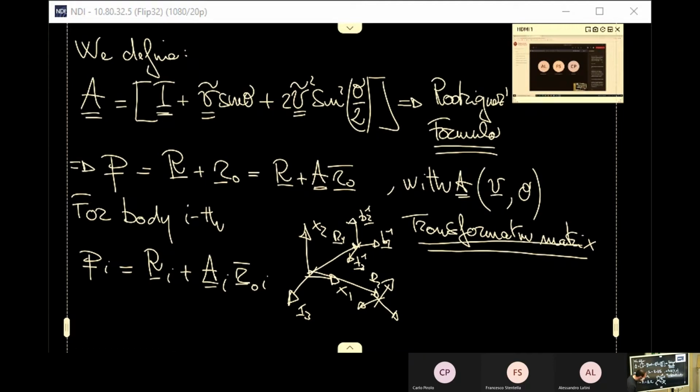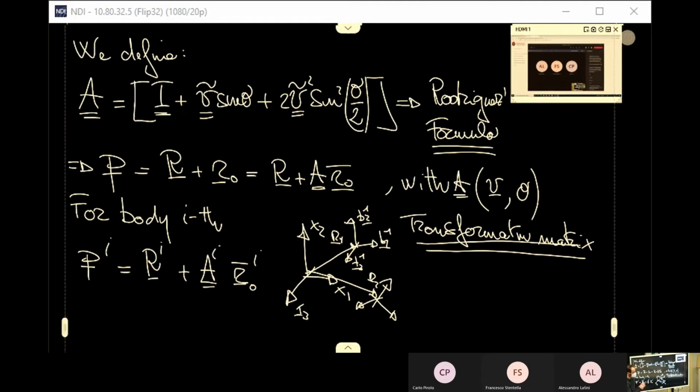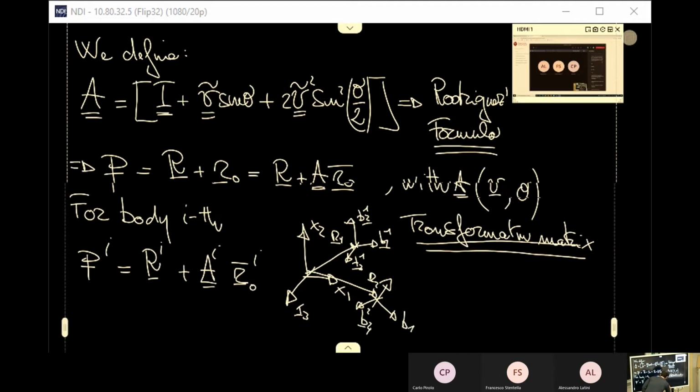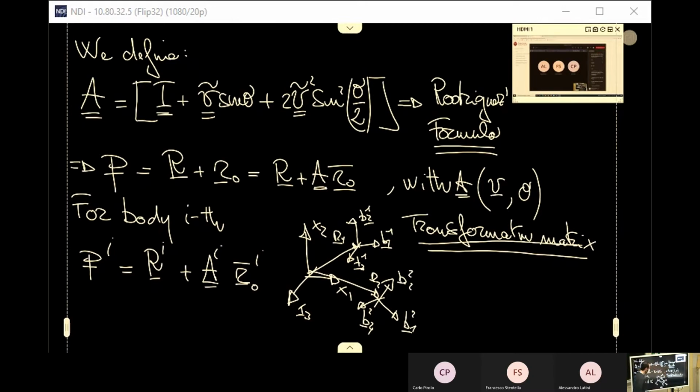Actually, no, sorry. Let's keep this consistent: always subscript for the bodies. Everything up. Let's not change top down, otherwise it becomes confusing. And so this is B2, 2. This is B1, 2, and this is like this. And each one of these local frames will have its own R and its own orientation matrix, the transformation matrix.